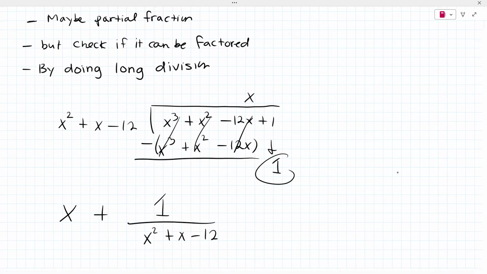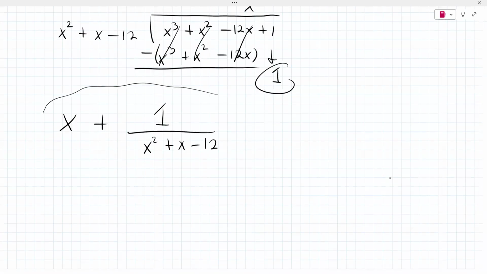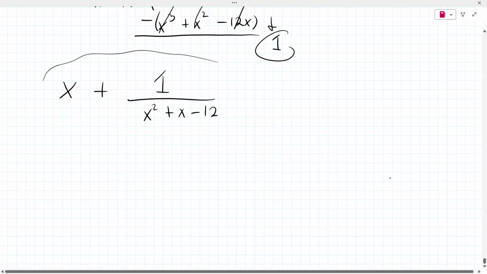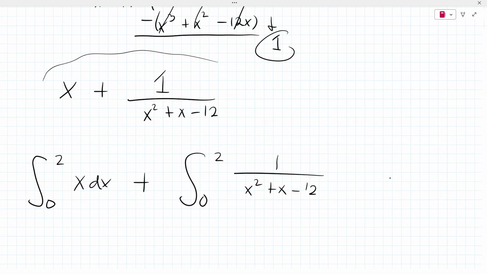Okay, now can we integrate this? I think so. Let's break it into 2 separate integrations to make it easier. So it's from 0 to 2 of x dx plus the integration from 0 to 2 of 1 over x squared plus x minus 12 dx.